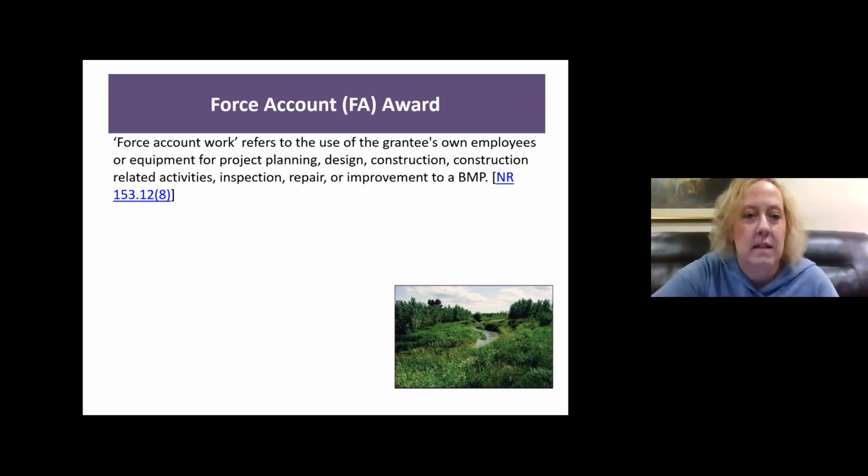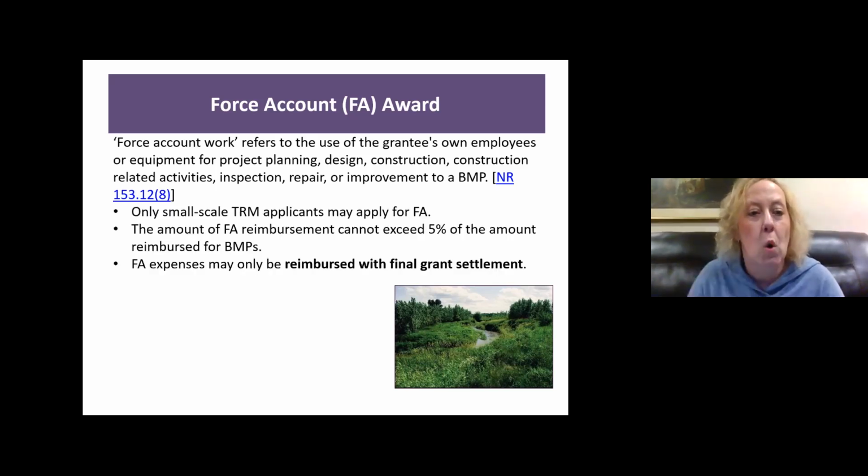And again, that's defined in the administrative code. Currently, only small-scale TRM applicants can apply for force account. That amount cannot exceed 5% of the amount reimbursed for BMPs. And force account expenses can only be reimbursed with the final grant settlement or the final reimbursement request.